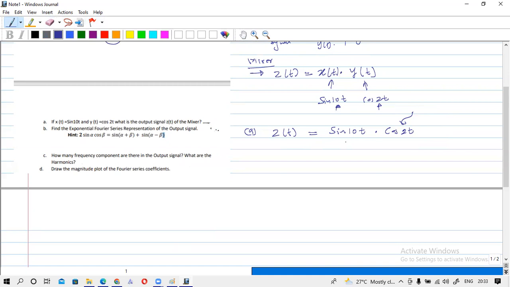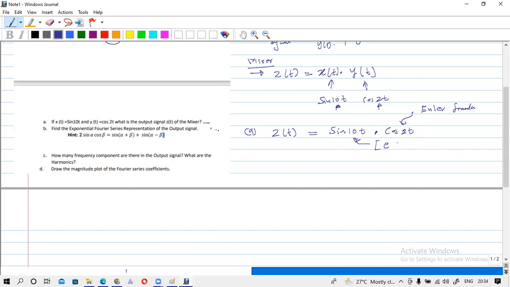Here we have a product, but there is no issue, because you already know how each can be represented using exponential terms, using the Euler formula. So it will be like this.